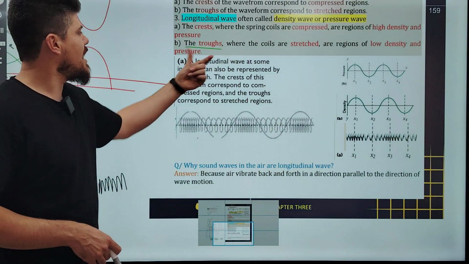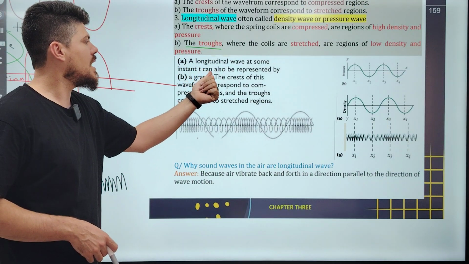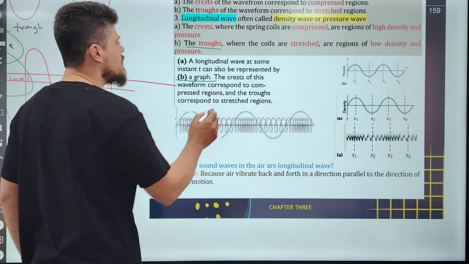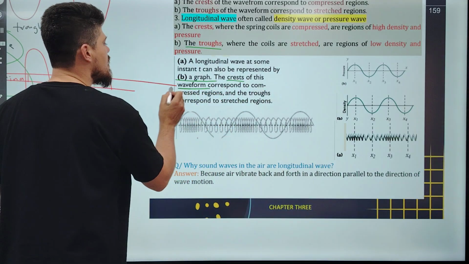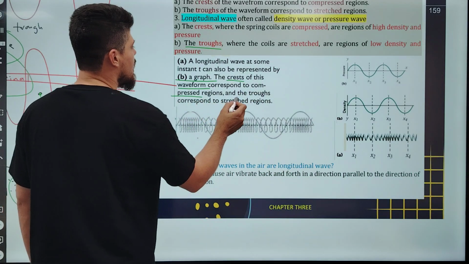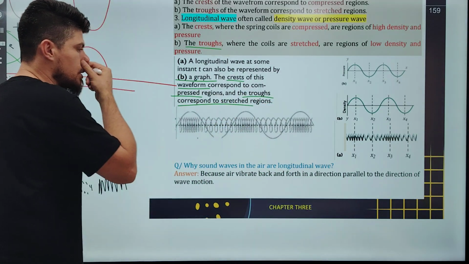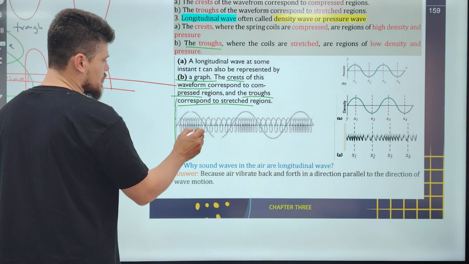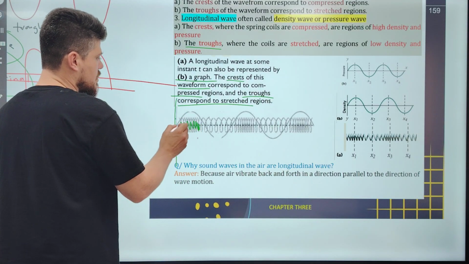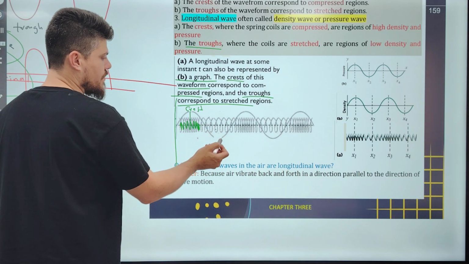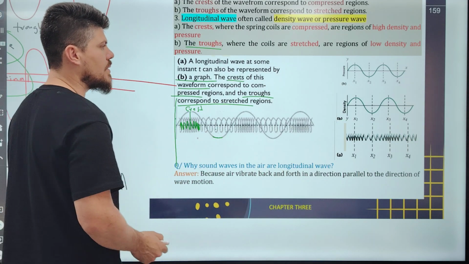A longitudinal wave at some instant can also be represented by a graph, a sine wave. The crests of this waveform correspond to the compressed regions and the troughs correspond to the stretched regions. As you can see in this figure, this is the compressed region, which corresponds to the crest. But here, this is rarefaction, which corresponds to the trough. Okay?